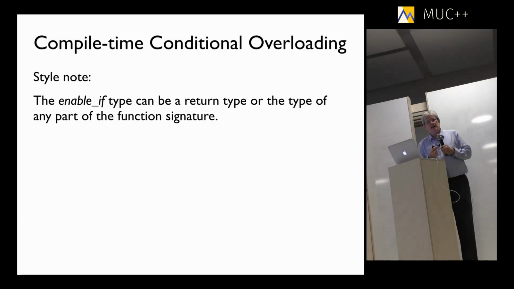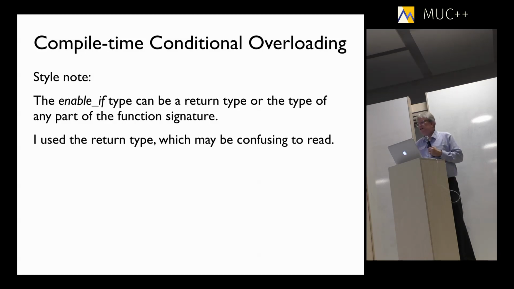So that's kind of covered what I want to say about enable_if, but I want to make one point, and that is the enable_if can go on any type in the signature of the template function. So I put it on the return type. I think that was clear enough. However, it could be confusing to put it on the return type. If you're reading it, it's the first thing you're reading.